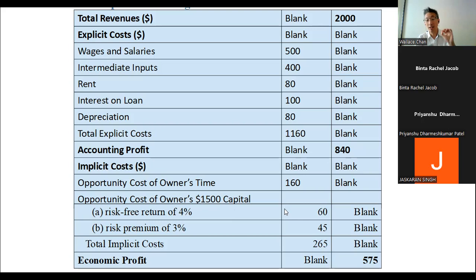That's why the owner has given up the opportunity to earn this risk-free return and risk premium. That's another $105 being involved. So it turns out the total implicit cost is $265, and the economic profit is the difference, which is 575. And you see that 575 is less than 840.